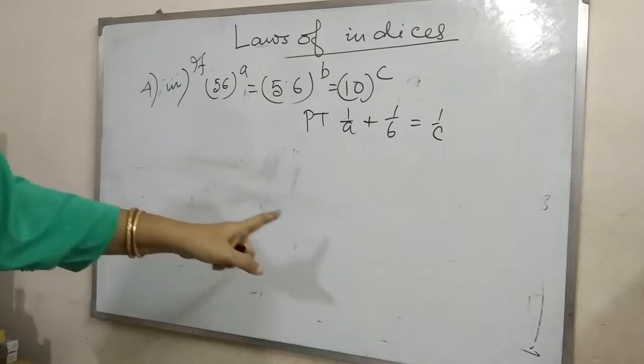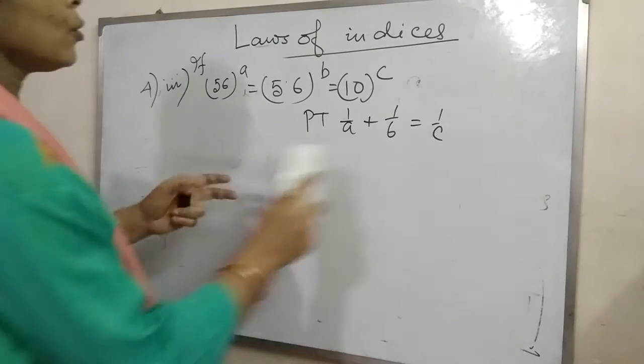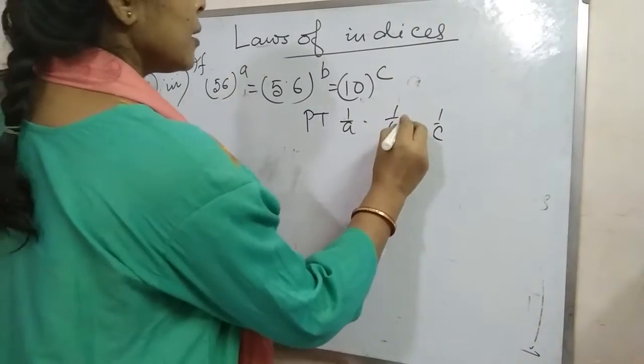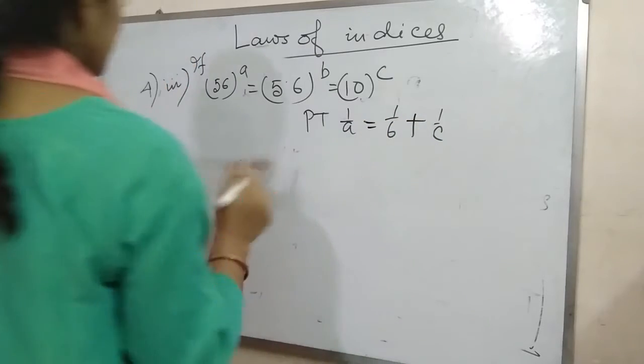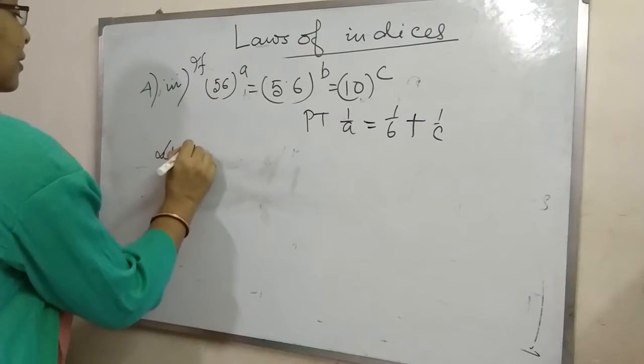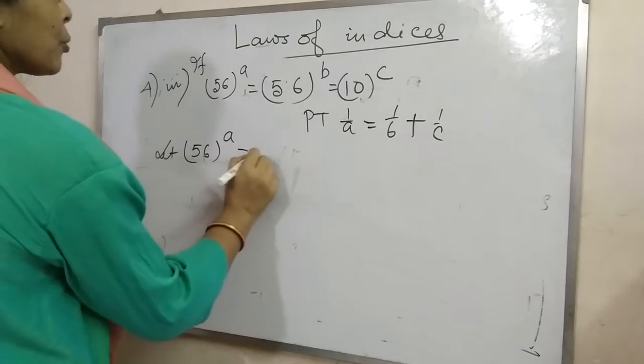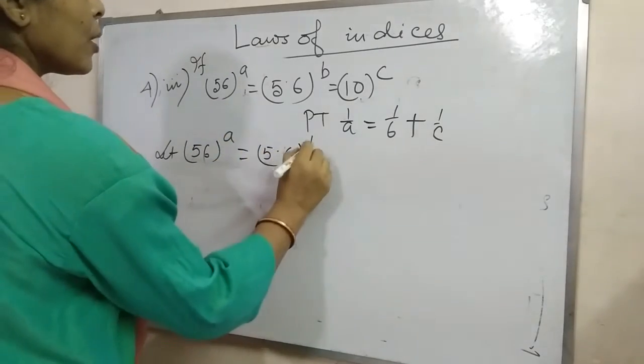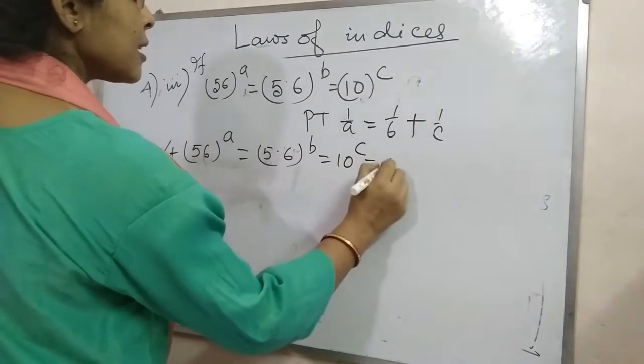Let 56 to the power a equal 5.6 to the power b equal 10 to the power c equal to k.